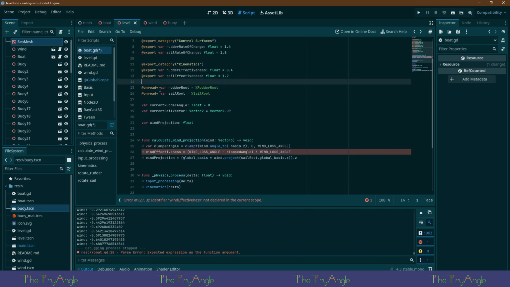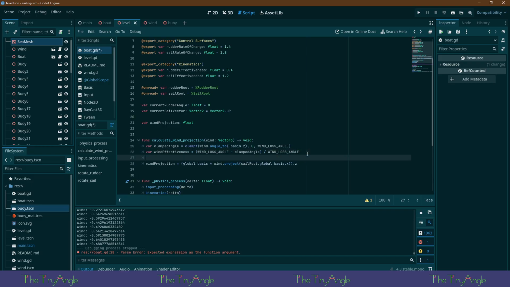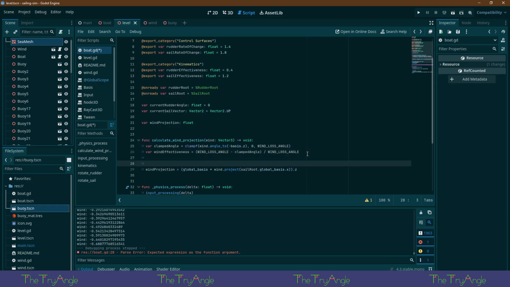So, why are you spaced out so far apart? Whoop. There we go. So we have, what is going to be the wind projection? This is kind of weird because, actually tell you what.